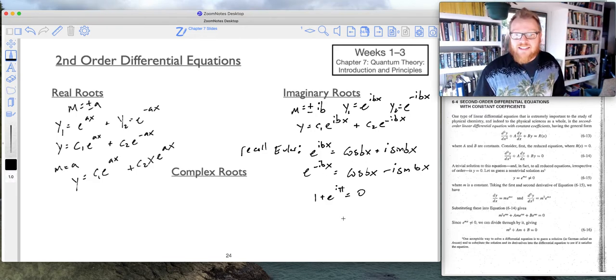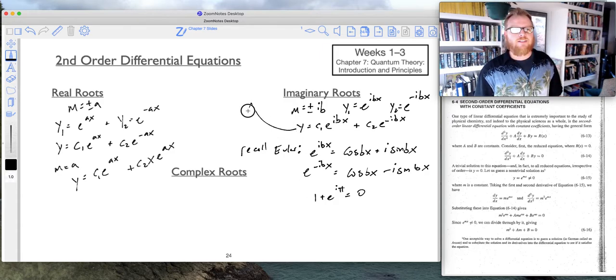So now, what does that mean? Well, this general solution, y equals c1 e to the ibx plus c2 e to the negative ibx, as you might guess, it's more practical for us to use sines and cosines describing wave functions.